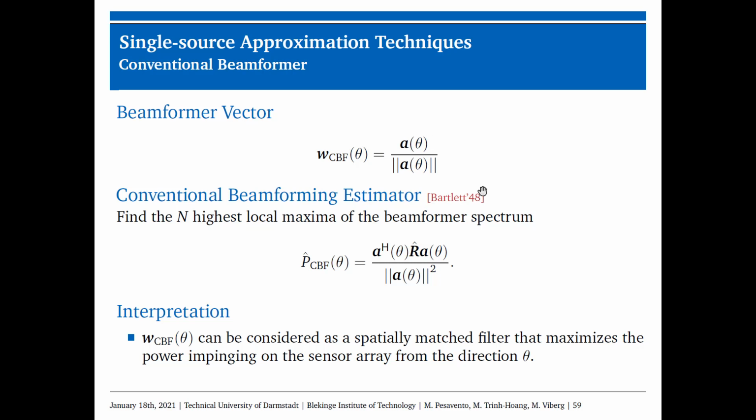This choice of the beamforming vector leads to the original derivation of the conventional beamformer, where in each direction we compute the power output as follows. The DOAs are then estimated from the n highest peaks of the measured power P hat of the conventional beamformer. This is an intuitive choice because the directions where most power is located are potentially the true DOAs of the source signals.